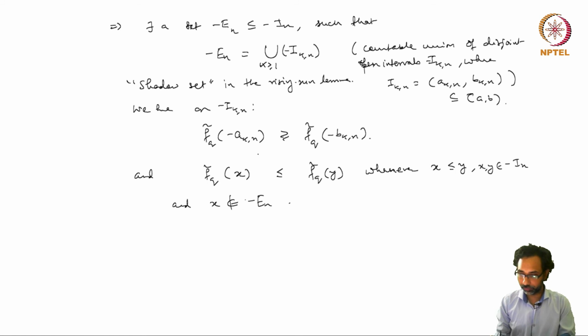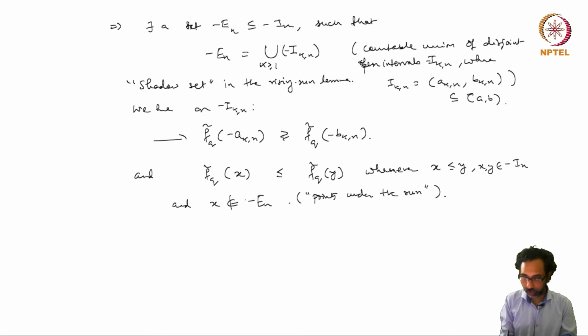So only on the end points of these intervals minus I_kn we have greater than or equal to sign, and for the rest of the values outside minus E_n we have less than or equal to sign. These are the sets under points under the sun in the Rising Sun Lemma.